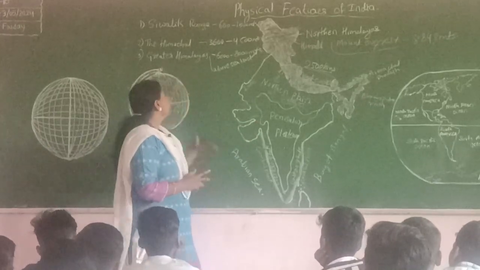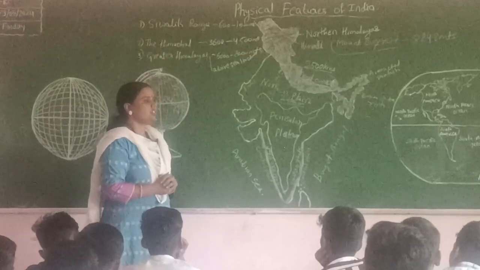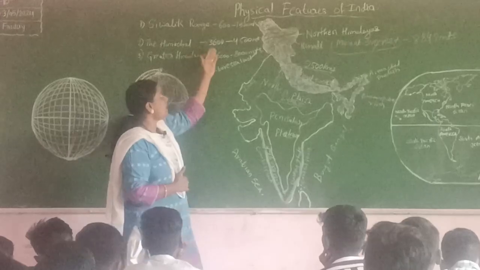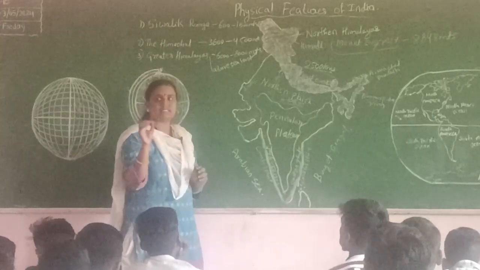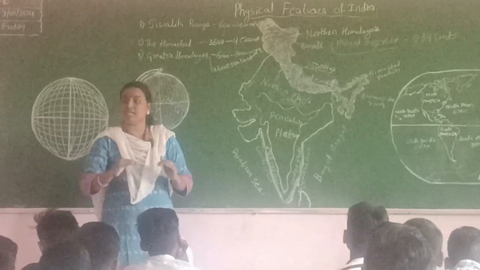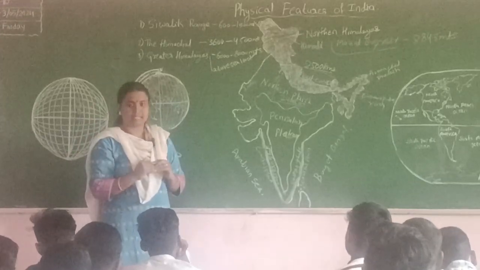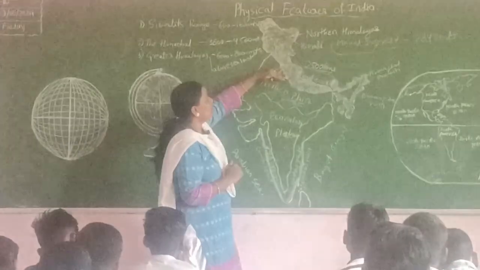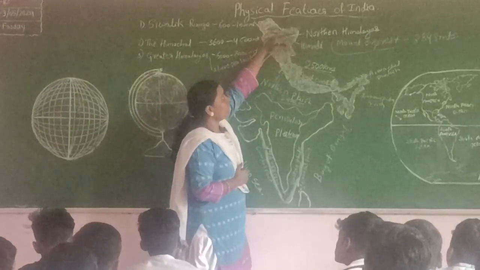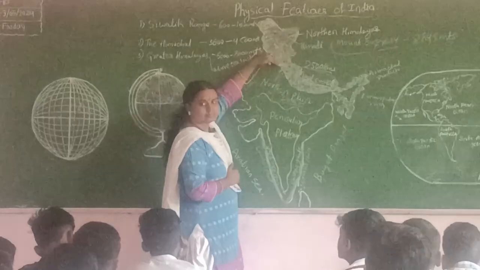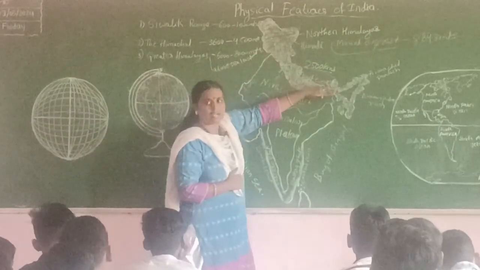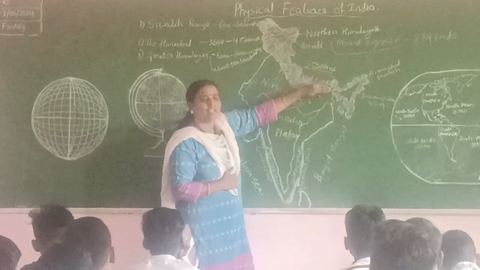Next comes Himachal, the middle ranges. Their height is about 3,600 to 4,500 meters from sea level. The middle ranges come between the Greater Himalayas and the Sivalik ranges, and are called the middle Himalayas or Himachal.